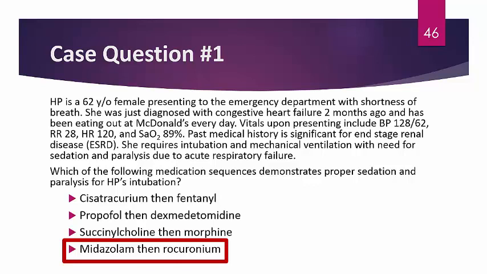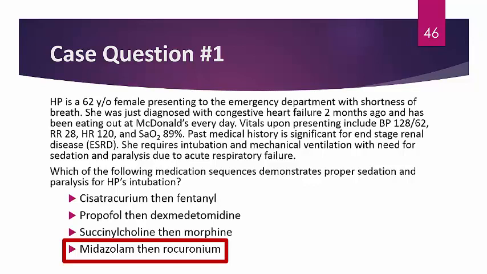A depolarizing neuromuscular blocking agent like succinylcholine can increase the release of potassium upon initial dosage, releasing it into the serum. That can be a danger in ESRD patients who accumulate potassium very frequently, and that high level of potassium can cause cardiac arrest if high enough. So, 2 reasons why this answer is wrong.